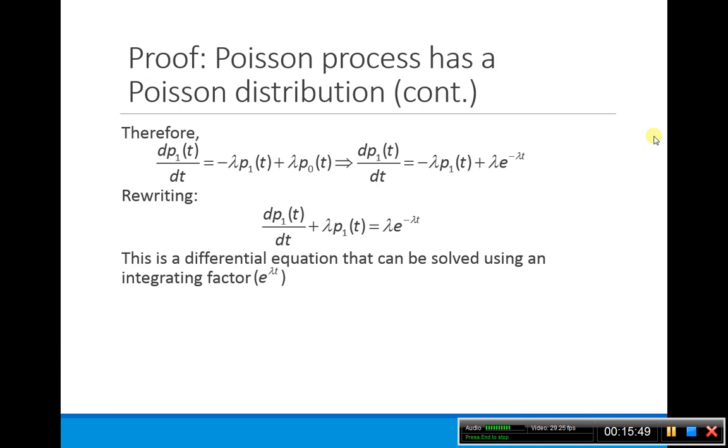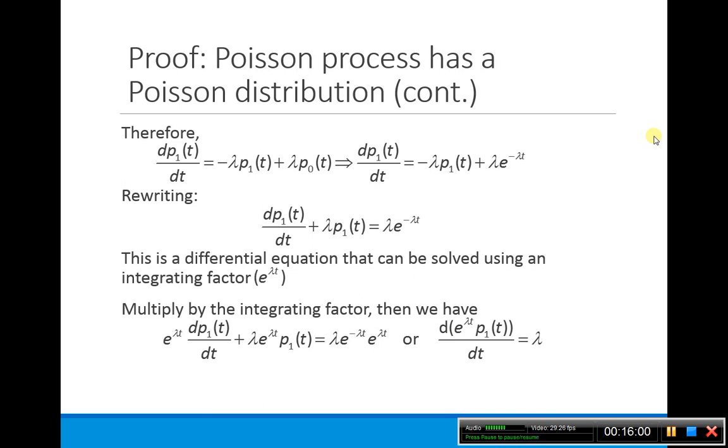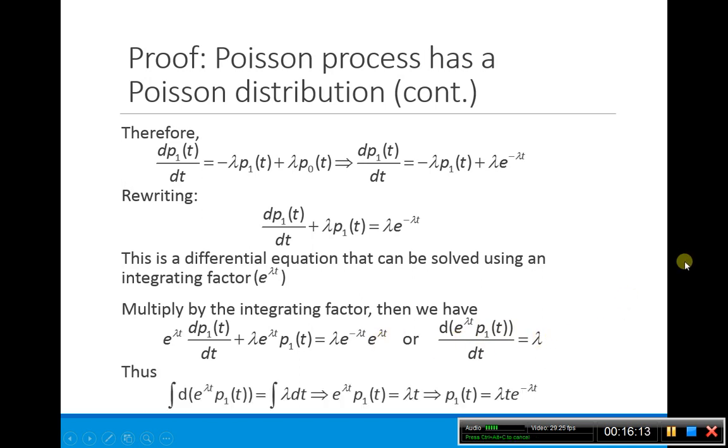You don't have to know how to do this, but from differential equations, the way you would solve this is by using an integrating factor. My integrating factor here would be e to the lambda t. Multiplying both sides by the integrating factor, the left-hand side is a derivative, the derivative of e to the lambda t times P1 of t. The right-hand side just gives me lambda.